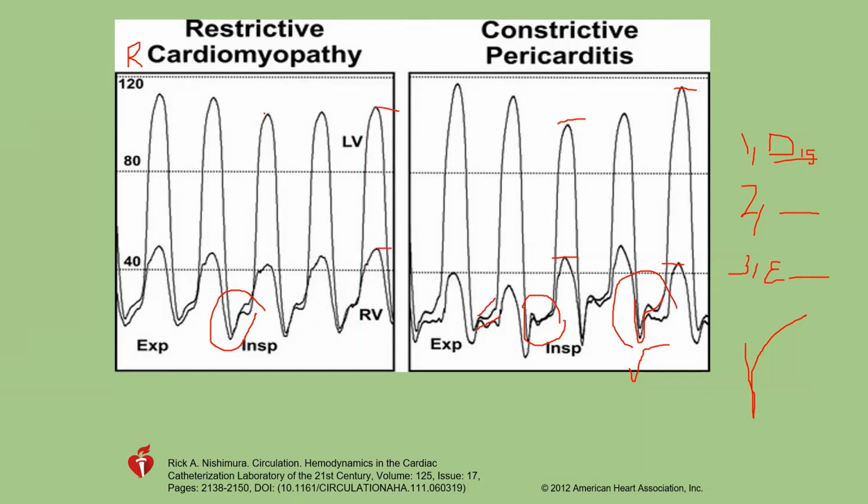When this goes low, this goes low. This is concordance, because there is no enhanced interventricular interdependence as in constrictive pericarditis, which manifests discordance. So remember, concordance and discordance. Okay.